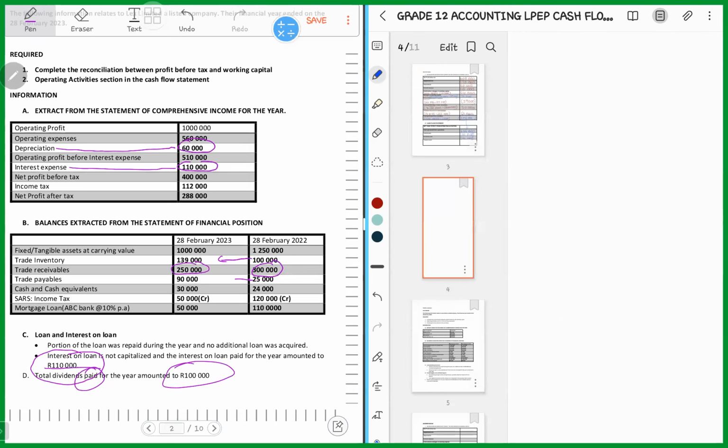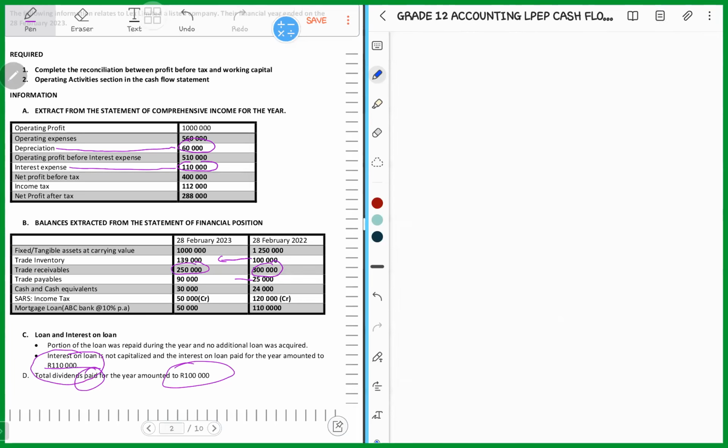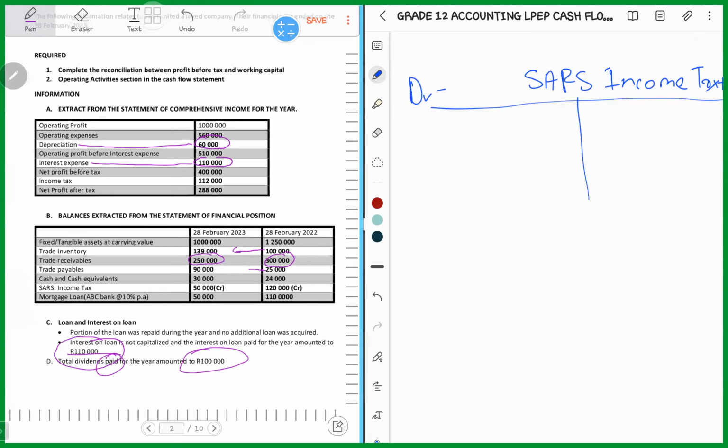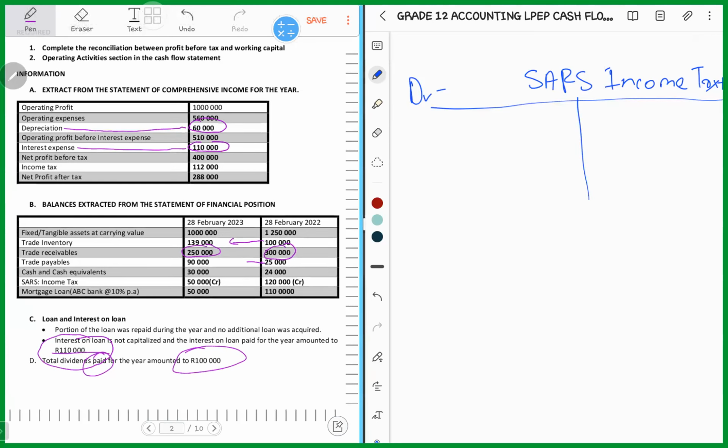Remember, SARS income tax is a liability account by nature. So it means we're going to say SARS income tax. Remember, it is a liability. It increases on the credit side and it decreases on the debit side. Okay, so we're going to use the information for SARS income tax to calculate the income tax paid.